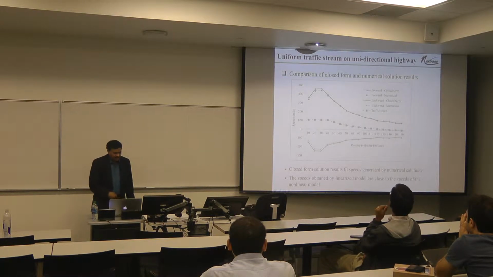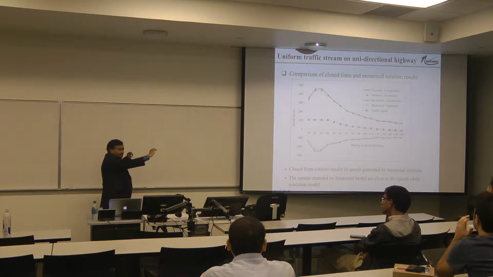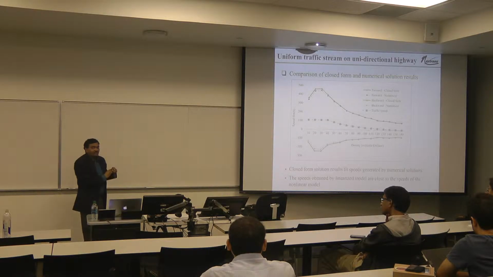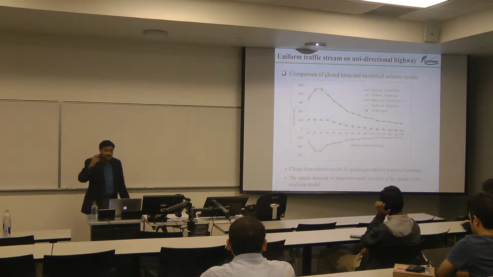So with that, we use the case of a unidirectional flow. We are just looking at a single highway in one direction, in which vehicles are moving. For that, we are able to come up with a closed form solution. So what we do here is we look at the closed form solution and the numerical. The numerical one is the exact one.